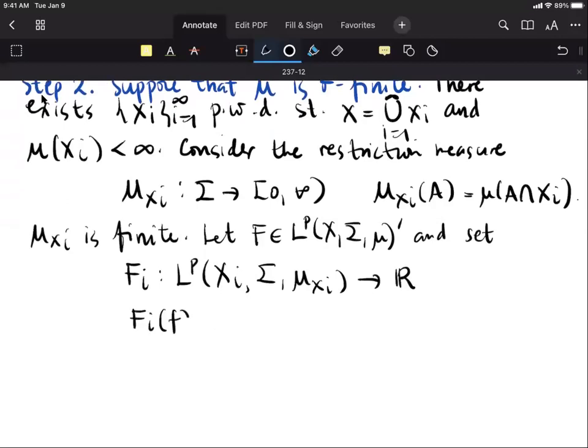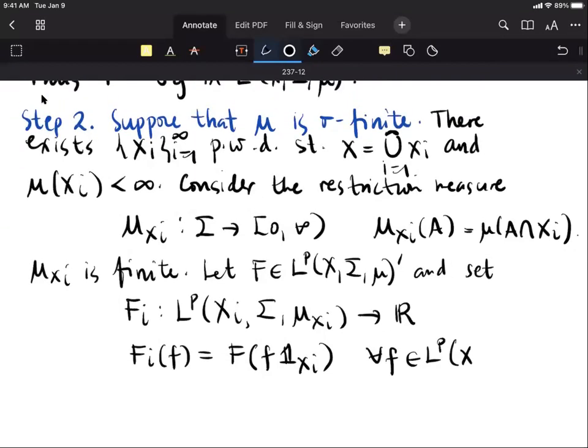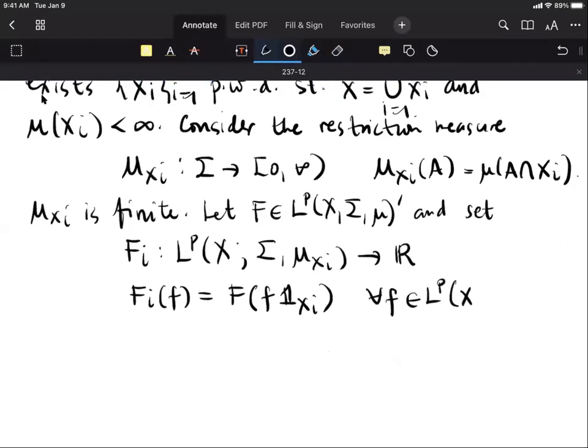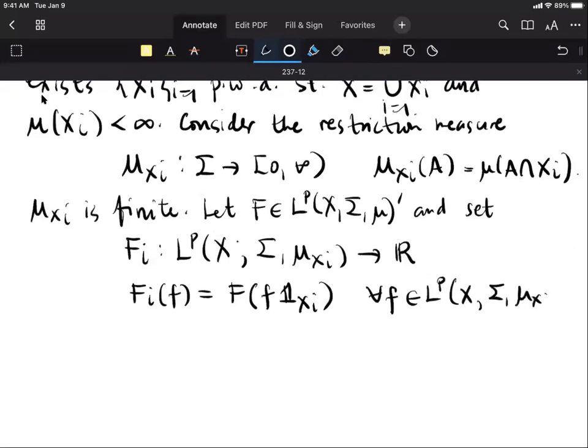F sub I of f is equal to F of f times x sub I, for all f in LP. Let us retain the same space, only at the measure.